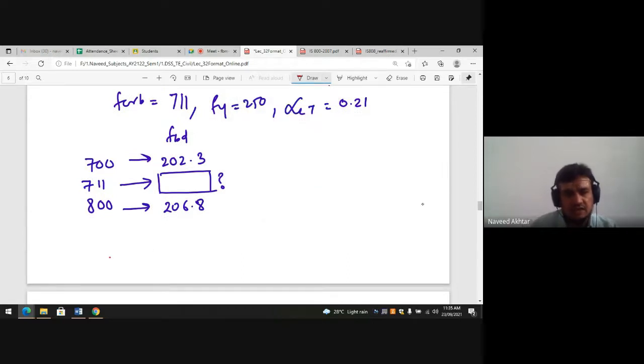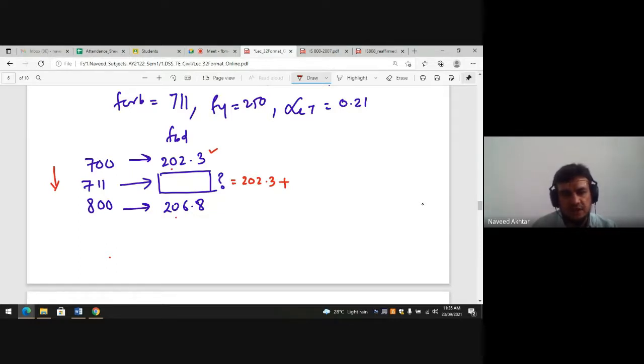I will take this value, which is less, so I will interpolate: 202.3. Now this is increasing, so here it is a positive sign because going from 700 to 800 the value is increasing, not decreasing.